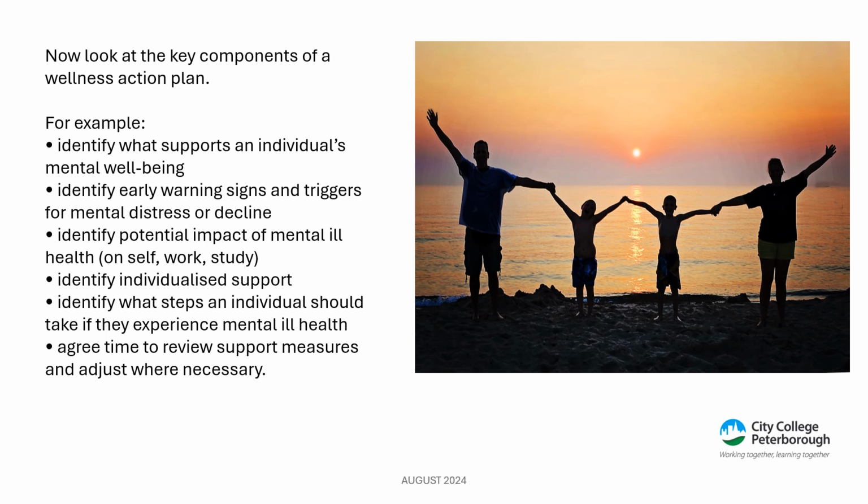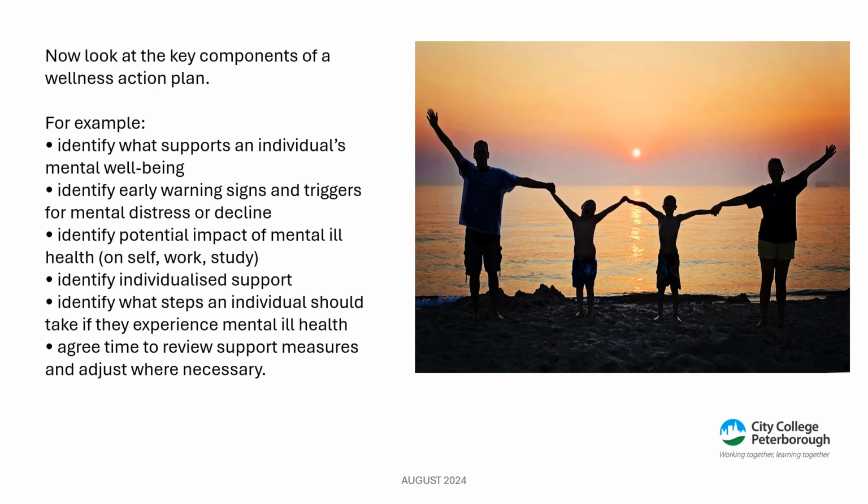This slide looks at the key components of a wellness action plan, and I've listed you some examples, so I'll just go through them. So identify what supports an individual's mental well-being. Identify early warning signs and triggers for mental distress or decline.